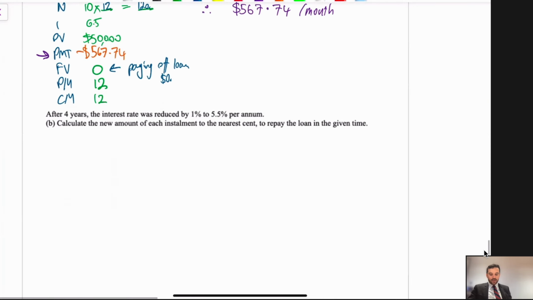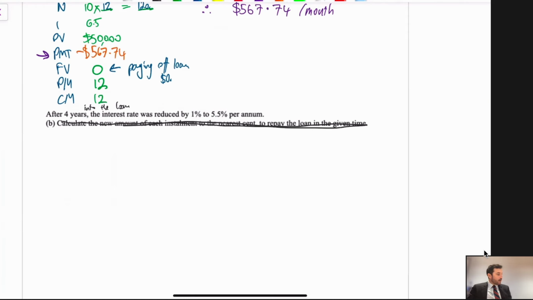After 4 years, the interest rate was reduced by 1% to 5.5% per annum. Now we're going to change this question. First thing, we're going to delete all this, and I'm going to say after 4 years into the loan.